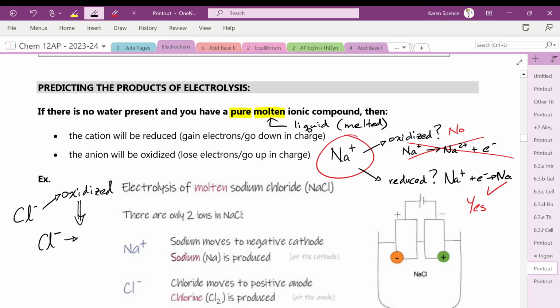Cl just normal. What is normal Cl? Cl2. Which means we would need to put a 2 in front of the Cl minus. And then we would have 2 electrons. Can it be oxidized? And the answer is yes. This is a good reaction.